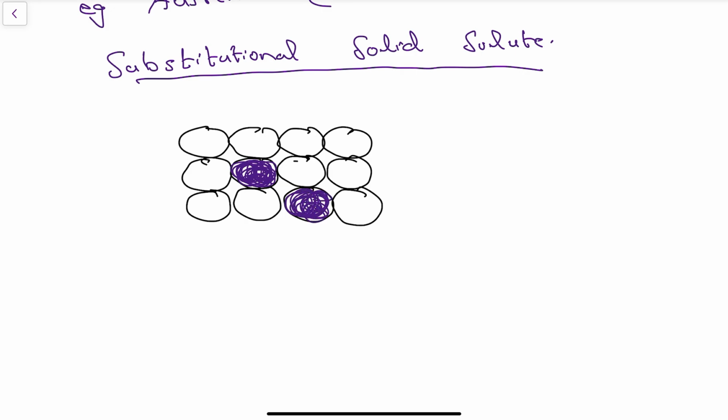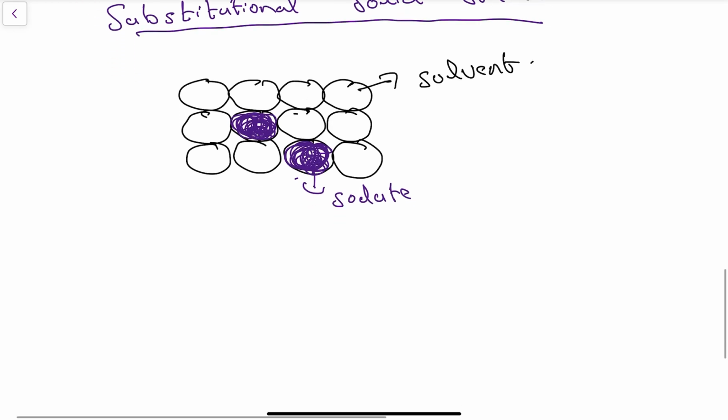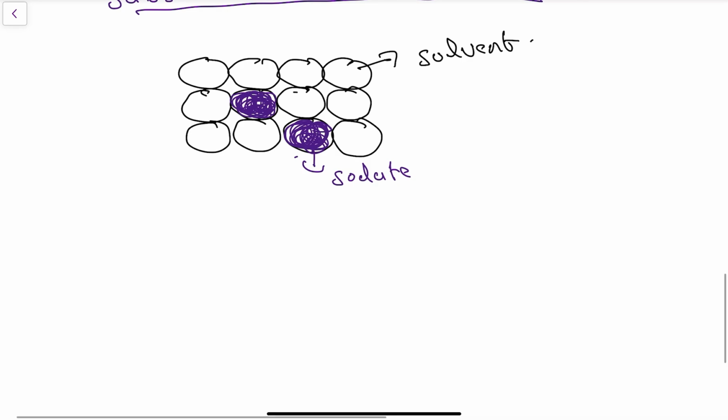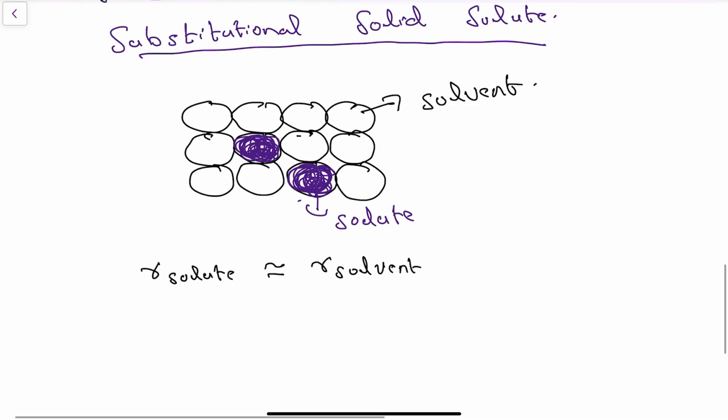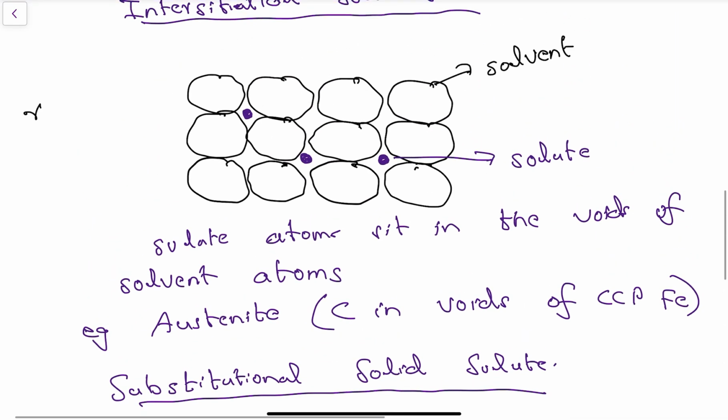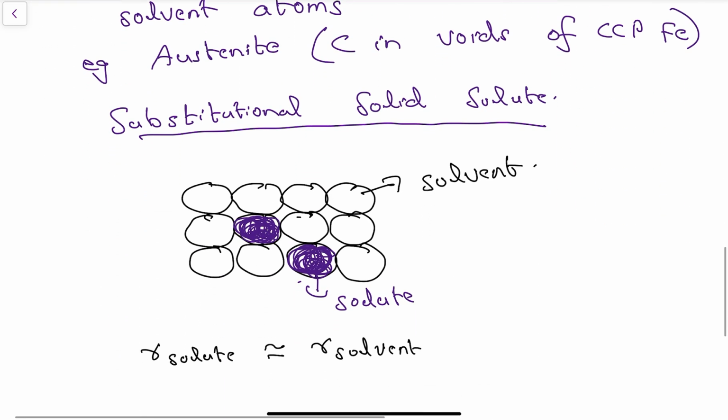This is the solute and this is the solvent. This is what happens in a substitutional solid solution. Here you can see that the radius of the solute atom is comparable to the radius of the solvent atom. In interstitial solid solution, we need to keep in mind that the radius of the solute atom will be very much less than the radius of the solvent atoms. That is the difference between these two solutions.